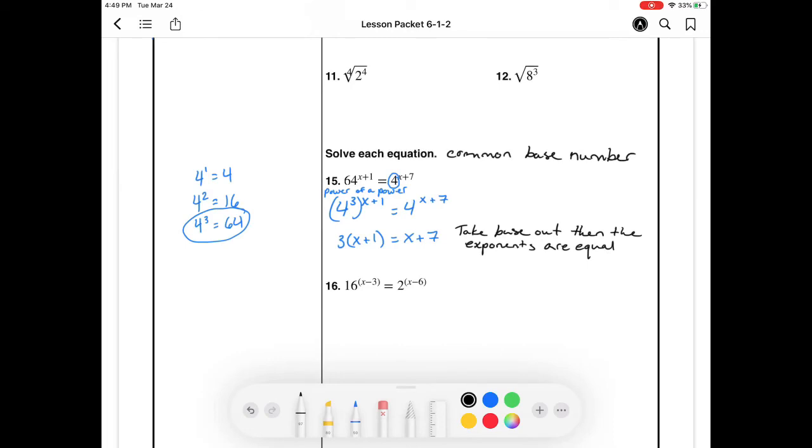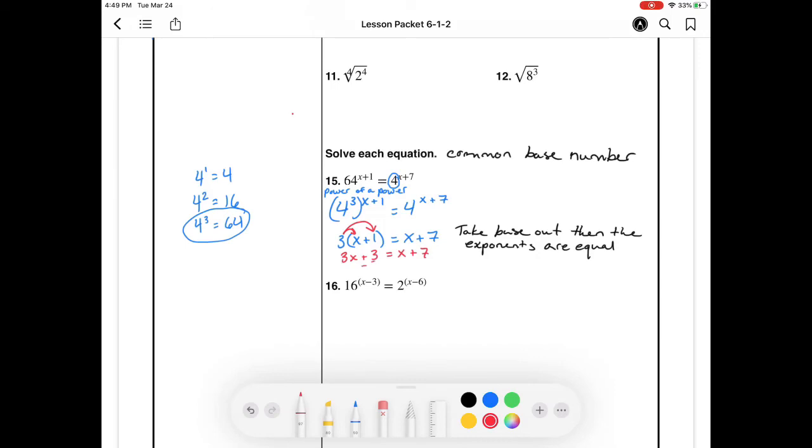My first step is going to be to distribute that 3 to the numbers inside the parentheses. So 3 times x and 3 times 1. 3 times x equals 3x, 3 times 1 equals 3, and that's still equal to x plus 7.